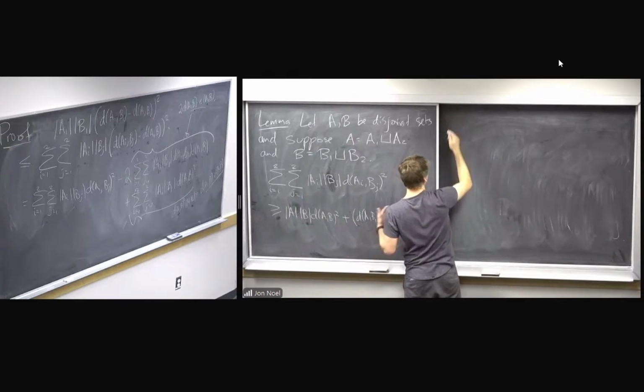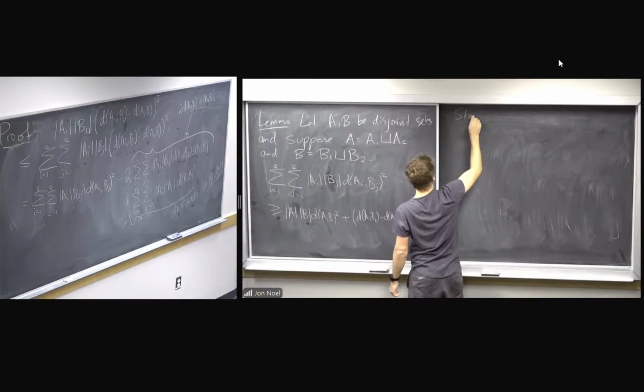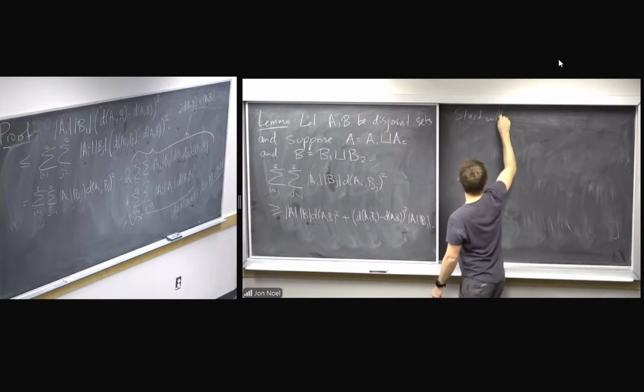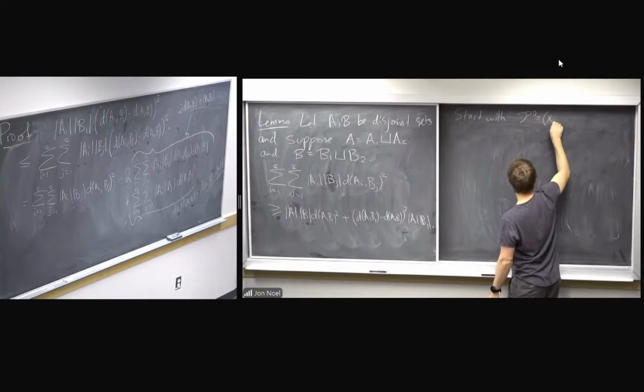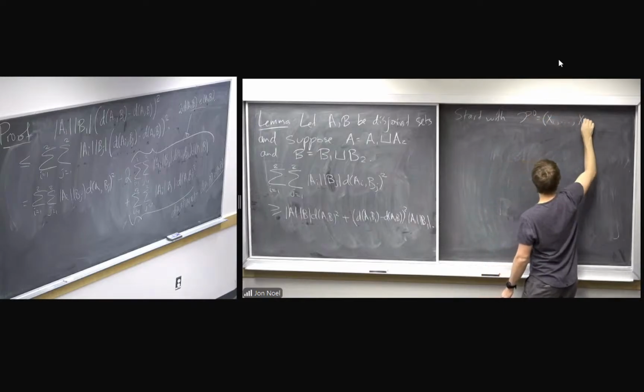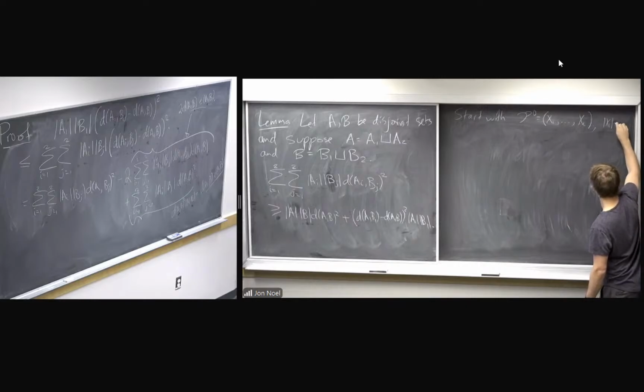So basically the algorithm for getting a regularity partition: start with, let's say, P0, which is an arbitrary partition into T parts. T is some parameter in the regularity lemma, right? So where Xi has size roughly the ceiling or floor of n over t.